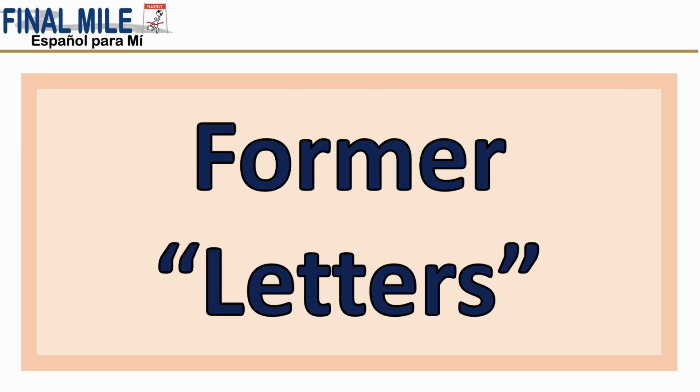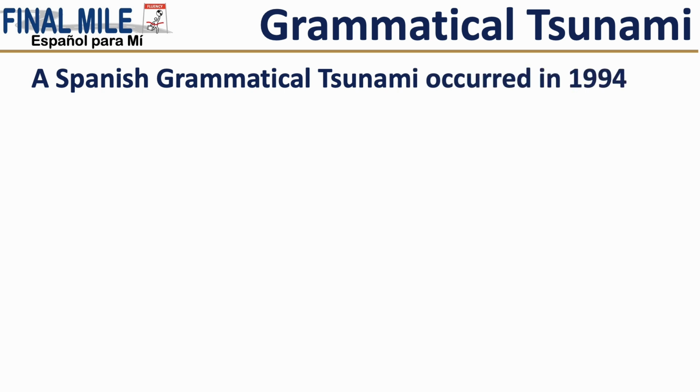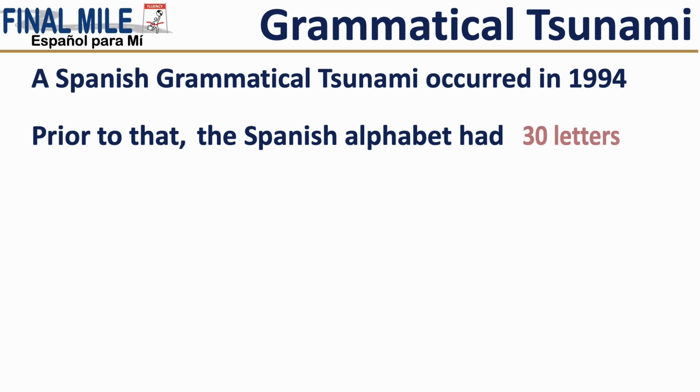And we are now ready to have an interesting little short history lesson. Okay, former letters. Something big happened in the grammar world in Spanish in 1994. Prior to that, the Spanish alphabet had 30 letters.